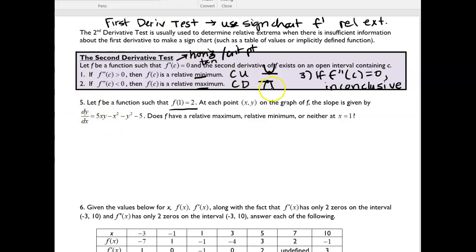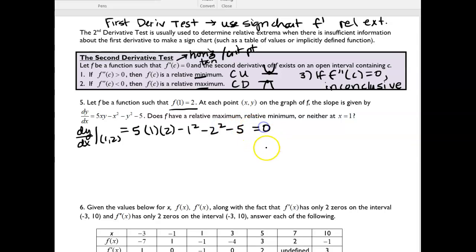And so what we have to do first is, in order to even have a relative max or relative min, we would have to know that our first derivative is 0. So we're checking to see if this is a critical point. So plug into the first derivative first. 5 times 1 times 2 minus 1 squared minus 2 squared minus 5.